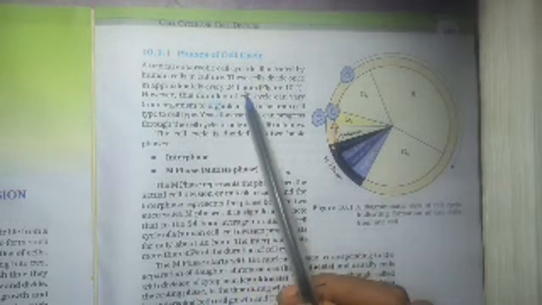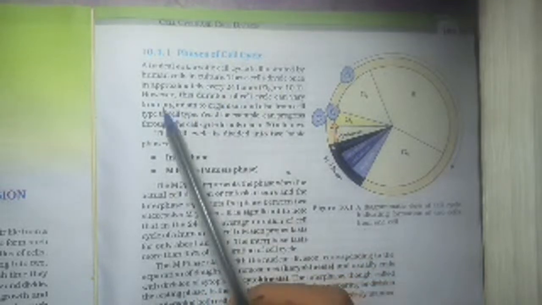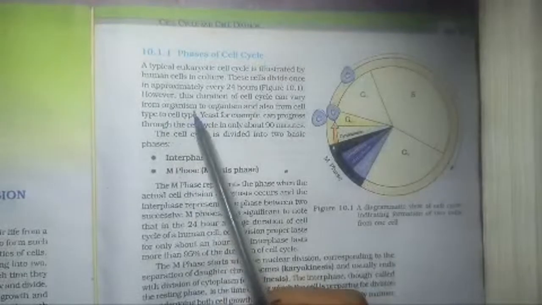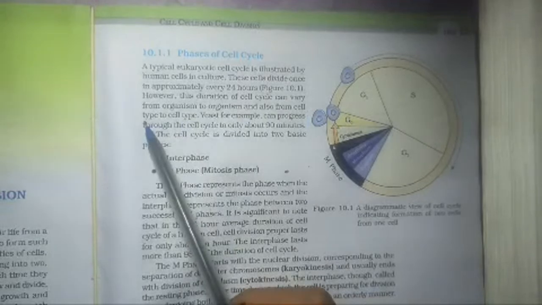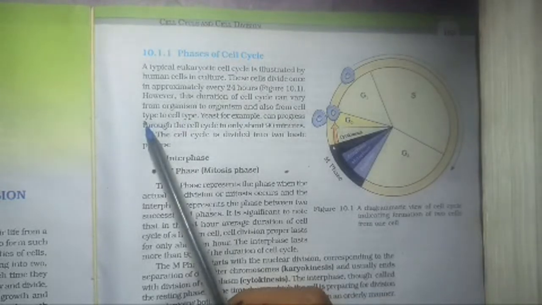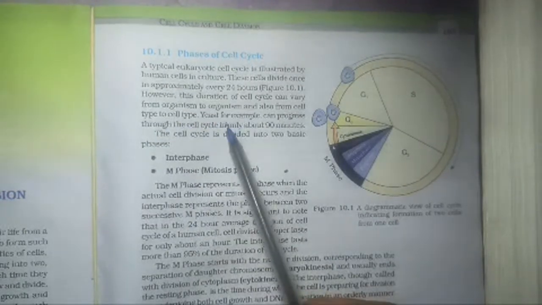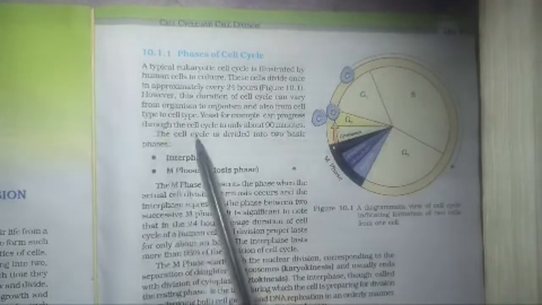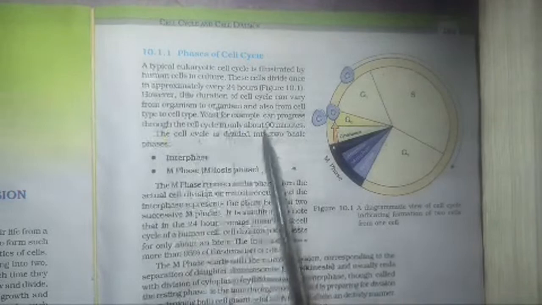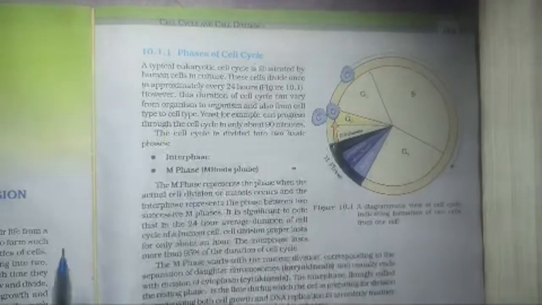These cells divide once in approximately every 24 hours. However, this duration of cell cycle can vary from organism to organism and also from cell type to cell type. Yeast, for example, can progress through the cell cycle in only about 90 minutes.